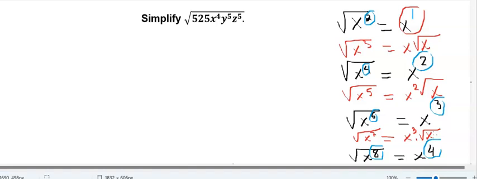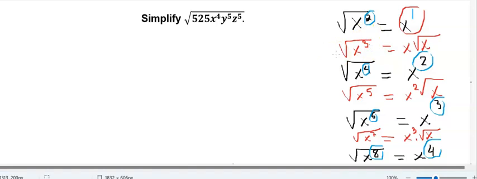That's x to the 3rd. That's a 3. No, what do you think?